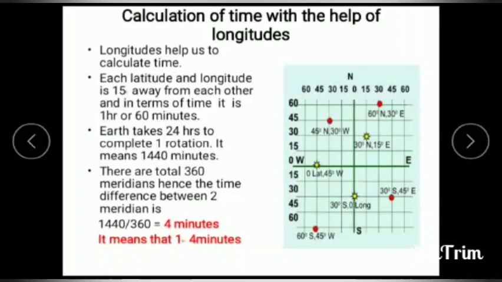Now we know that Earth takes 24 hours to complete one rotation. It means that it takes 1440 minutes. Now there are a total of 360 meridians. So hence the time difference between two meridians is 4 minutes. So 1 degree is 4 minutes. And 15 degree is 60 minutes, or we can say 1 hour.